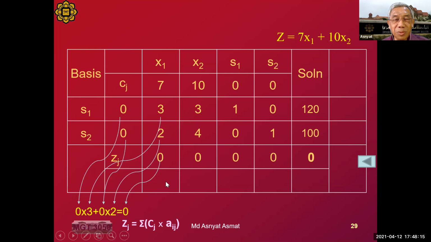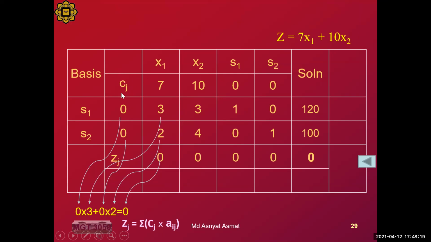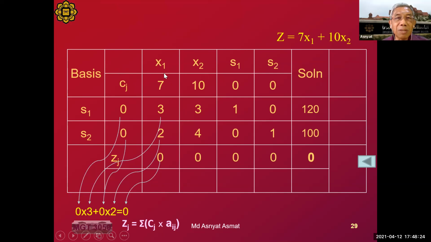So to improve from here, we are going to find what we call Cj minus Zj. Here the value of the objective function is 0. Cj minus Zj, we refer to this as the net evaluation row.